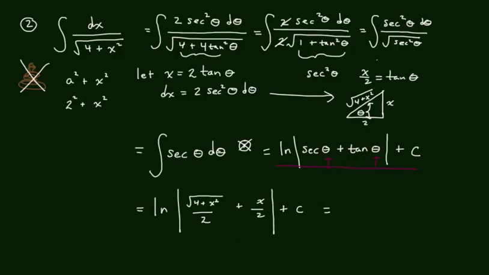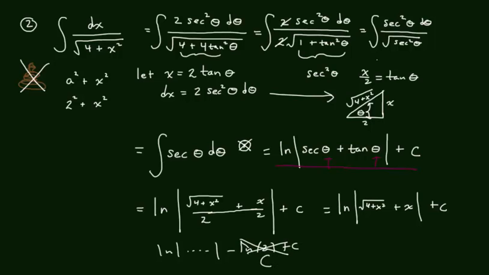Using properties of natural log, we could say this is the natural log of the absolute value of 4 plus x squared plus x plus c, because if I had this as a common denominator of 2, I could say natural log of minus natural log of 2 plus c, and then this is just some other c. So this here, my friends, is the final answer.